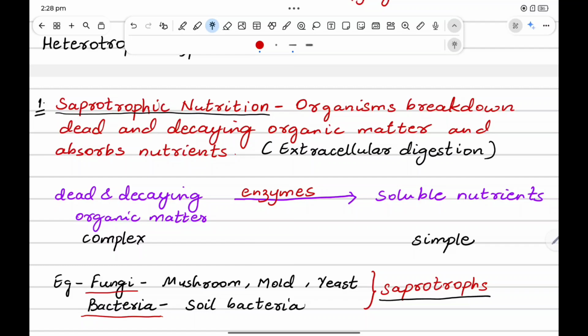As fungi and bacteria don't have hands like human beings to take the food inside the body, they directly release enzymes outside the body onto the food material, and further break it down into simple soluble nutrients and get their nutrition. Such digestion, as it occurs outside the organism's body, is known as extracellular digestion.